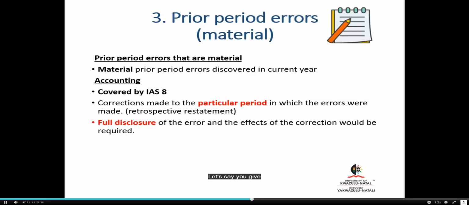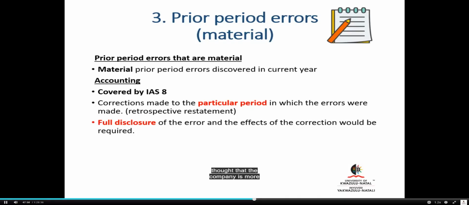Exactly. Let me make an example. Let's say you give me a set of financial statements, and the first example that we did was material. It made the profit of the company look more by 10,000, didn't it? Because I did not deduct an expense I was supposed to have deducted, right?